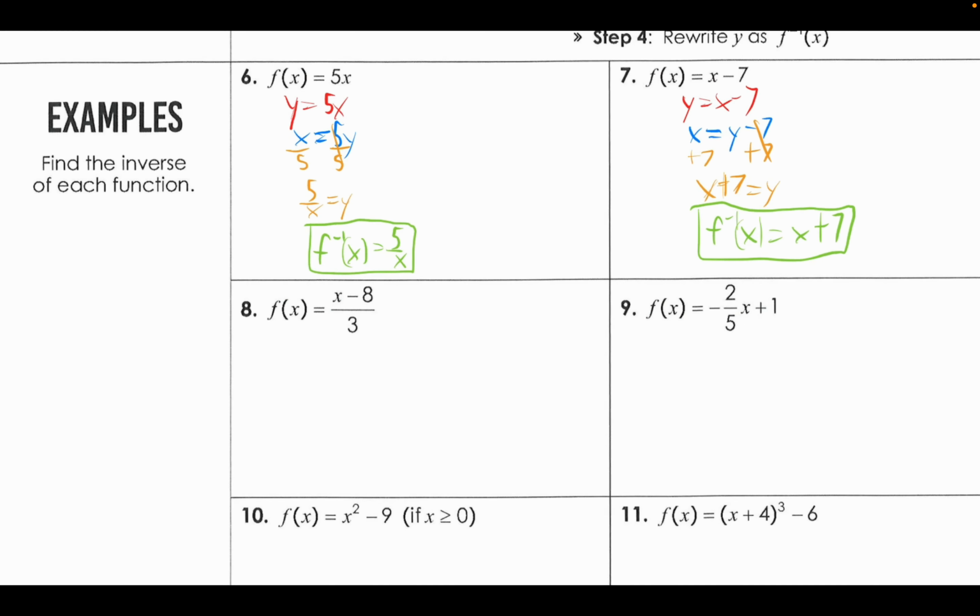So on number 8, a little bit more going on with x being subtracted and divided. We'll see how that pans out here. So y equals x minus 8 over 3. We'll switch around x and y. Start by multiplying since the whole thing is being divided. So I'll get 3x equals y minus 8.